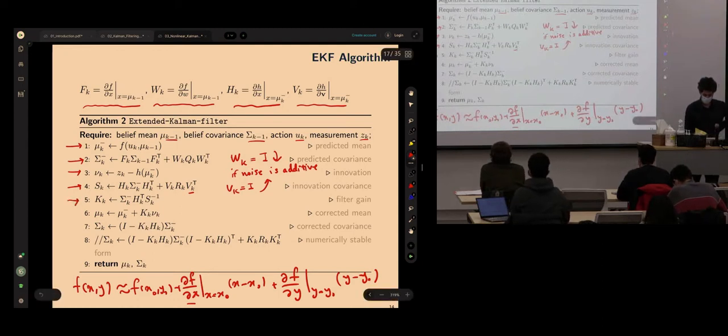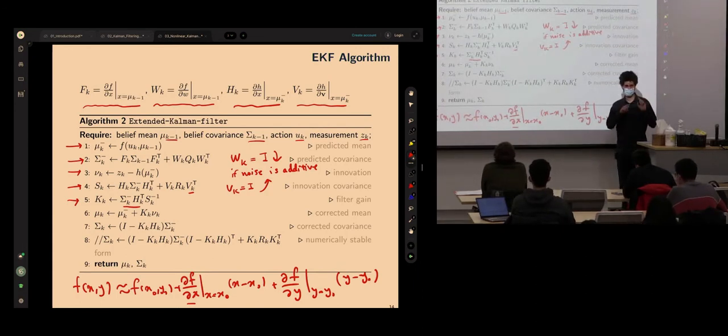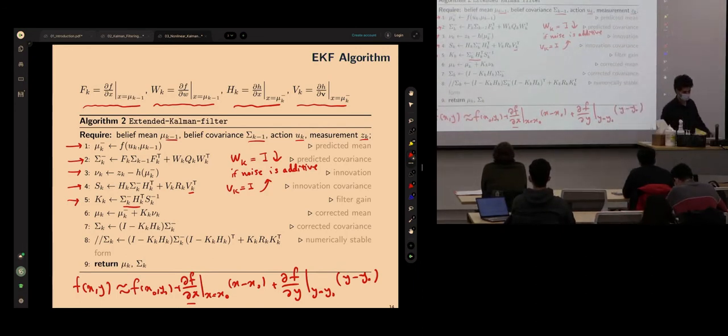Kalman gain. Kalman gain is the cross covariance of your predicted state and the measurement times the inverse of the innovation covariance. Think about it for a moment. If the noise covariance of your sensor is very large, that means your sensor is what? Accurate or precise?